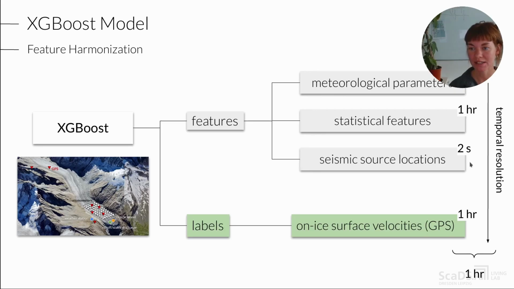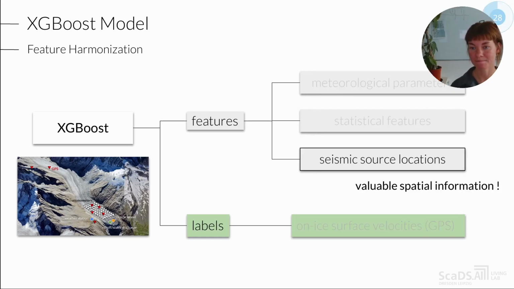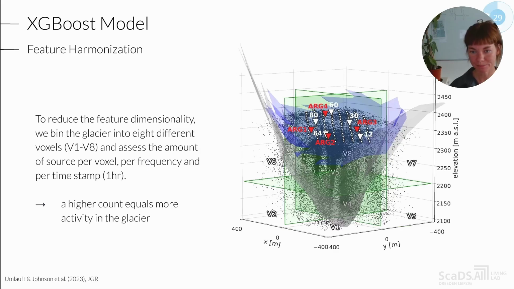So what we did is that we harmonized all features to match this 1 hour timestamp, and in particular, for the seismic source locations, we tried different things here to still keep this valuable spatial information that we have, and not just downsample the data to this hourly timestamp. So what we did is that we defined 8 different regions in our glacier.